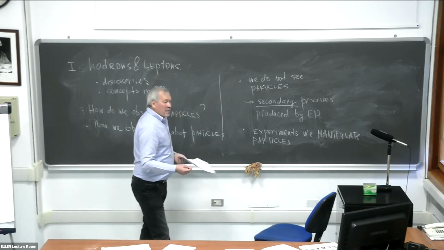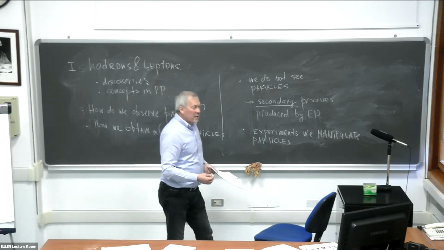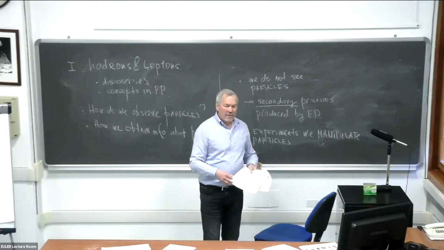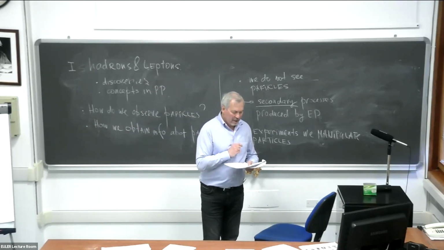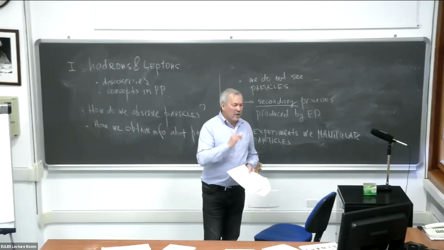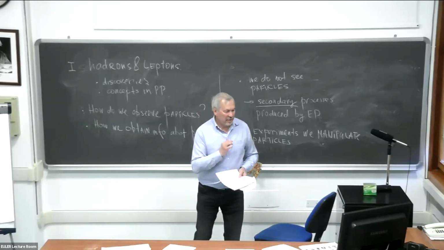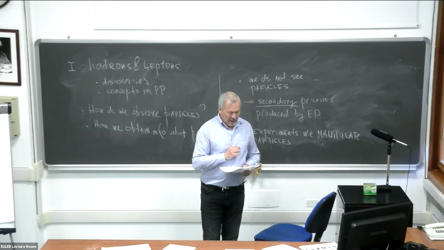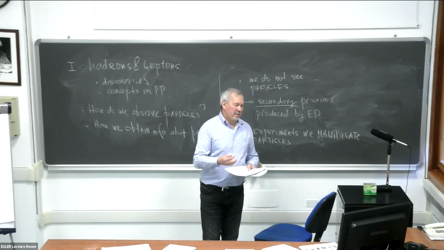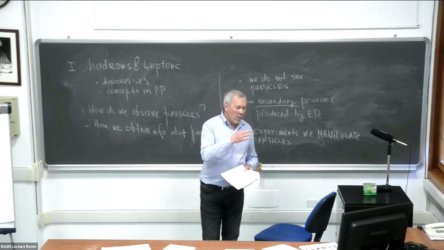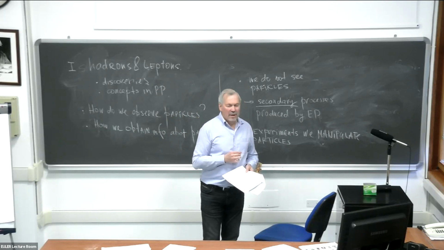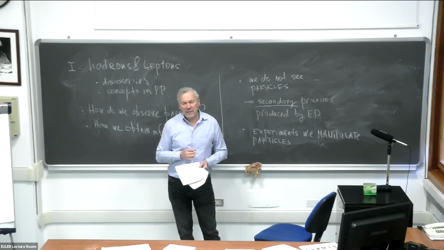And usually the way we proceed is the following. We perform some experiment, we have some observations, and then we do interpretation of these observations. We develop a kind of formalism, and then using this formalism, we make further predictions. So this is the way we actually proceed studying elementary particles.